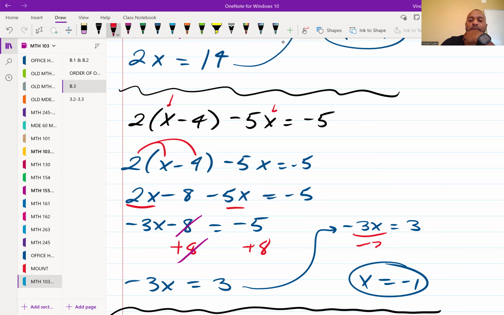And then divide both sides by negative 3. X is equal to negative 1. All right, questions?